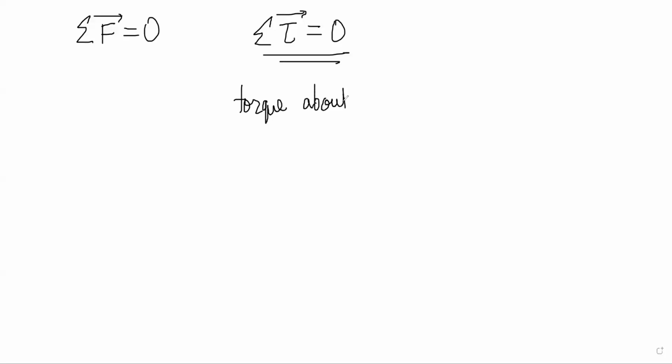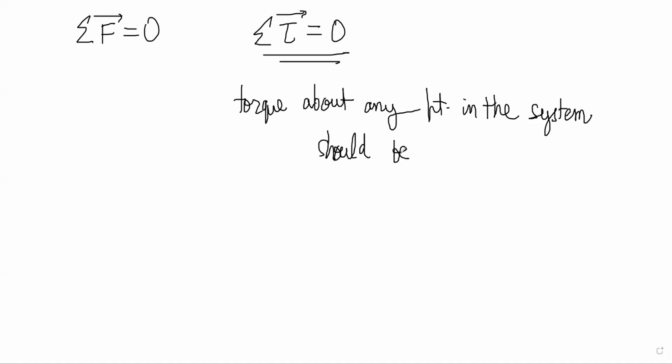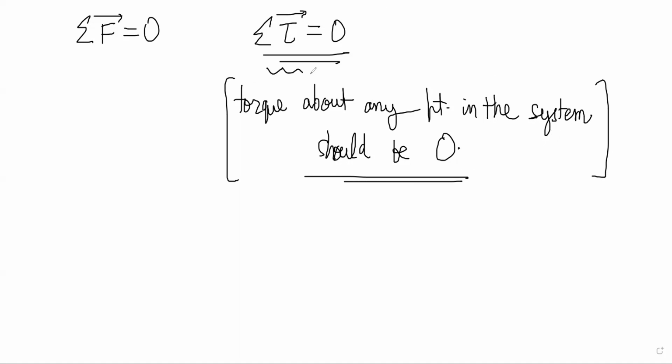Torque about any point in the system should be zero, because it is not possible that the body can have an angular acceleration about any point in that system. Torque should be zero about any point, because if it is non-zero, then the body will start spinning about that particular point.